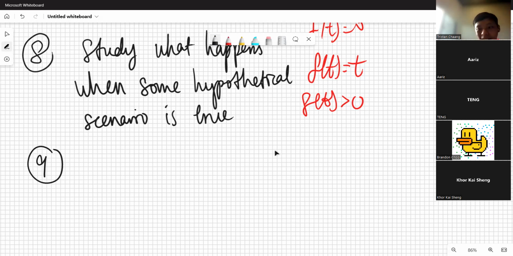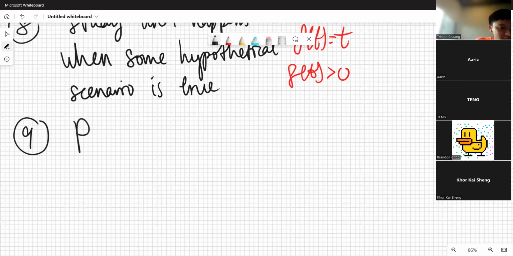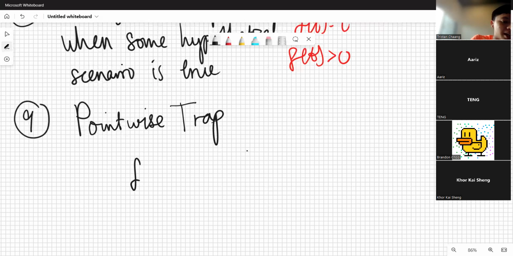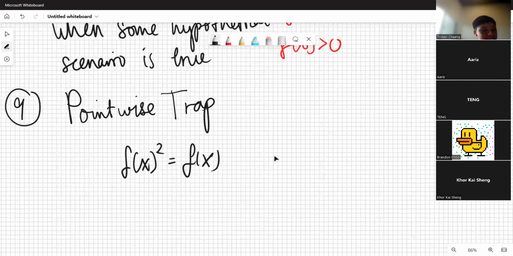And of course, the 9th one, the pointwise trap. This is again a very common fallacy, a very common mistake that is made by students. Let's say I'll give you a very simple functional equation, which is f(x) squared equals f(x) for all x, of course.